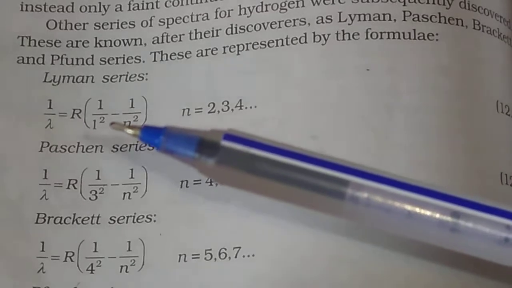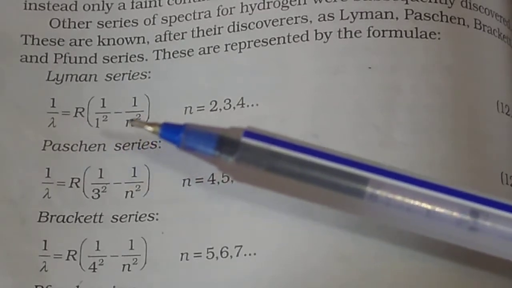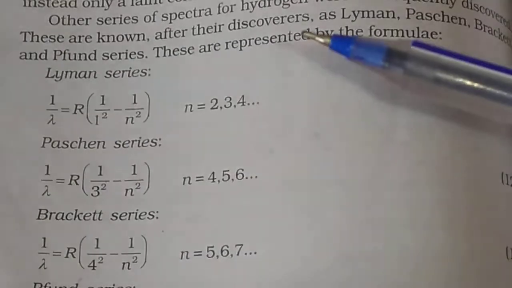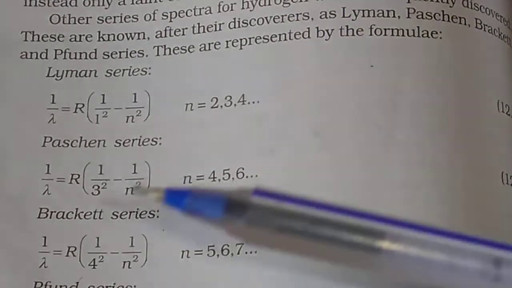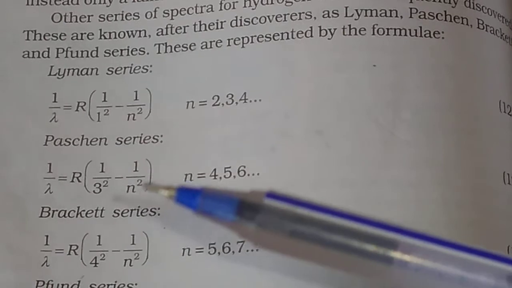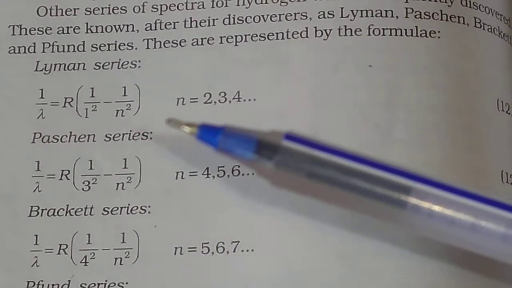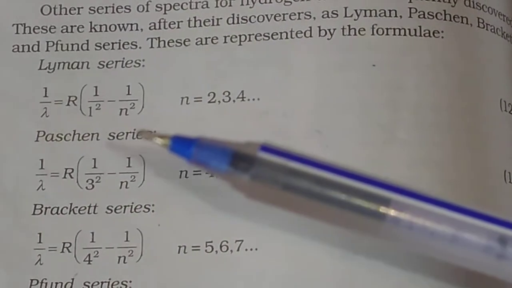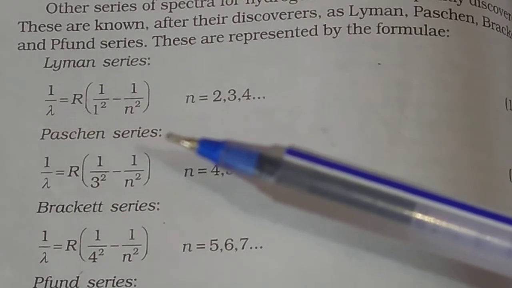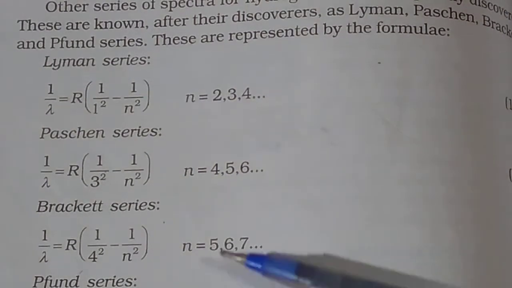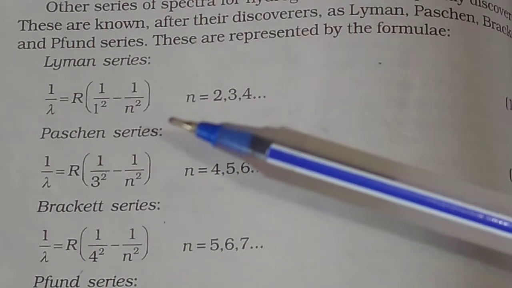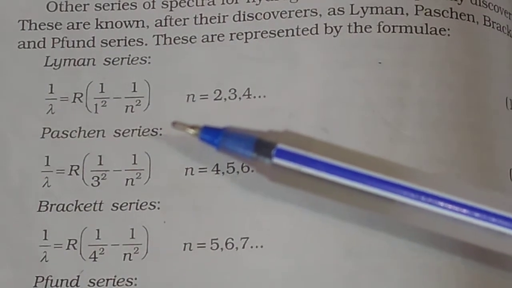For the Lyman series you put 1 square, and the Lyman series is in the ultraviolet region. Remember, you cannot see the Lyman series because it is in the ultraviolet region. You can indirectly verify the series, but you cannot see it. It is not in the visible spectrum.